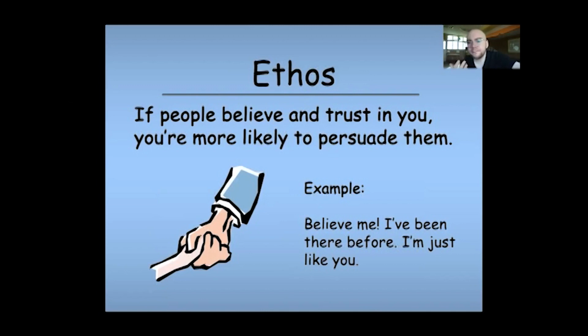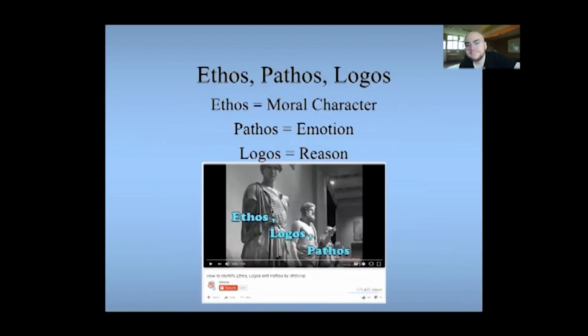You are honest about things, then people will tend to believe you, okay? They feel like you don't have anything to hide. Why would you lie? You are an honest person. We trust you. So if somebody trusts you, they will more likely be persuaded by what you have to say.